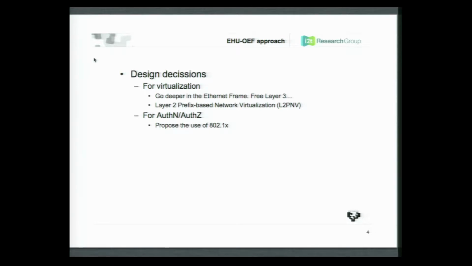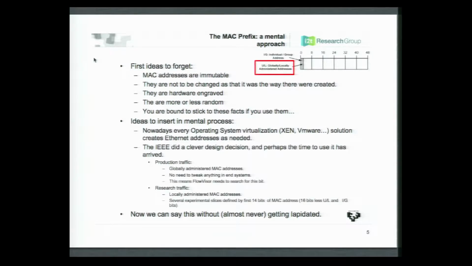We also decided to have an authentication and authorization scheme from the first time, because using that infrastructure for every experiment was a requirement. Well, just a quick view on this. This is already in the slide, so you can take a look at it. It is also published.